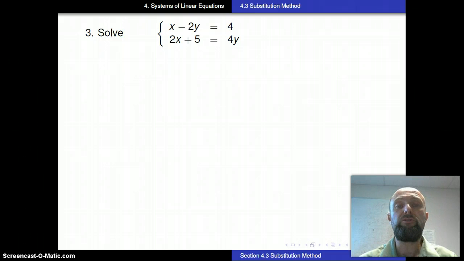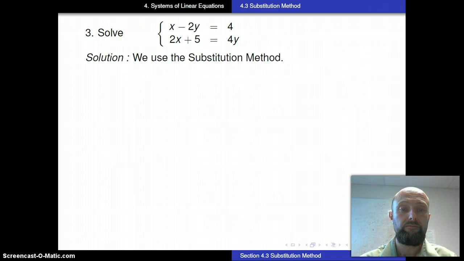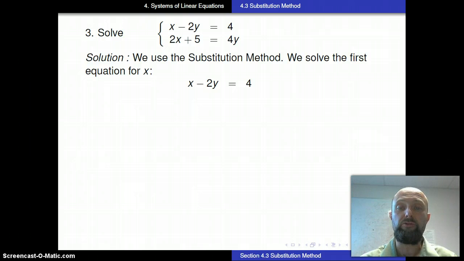Question 3. Solve the system x minus 2y is 4 and 2x plus 5 is 4y. We use the substitution method. We solve the first equation for x. We move 2y to the right hand side by adding 2y to both sides. We find x is 4 plus 2y.